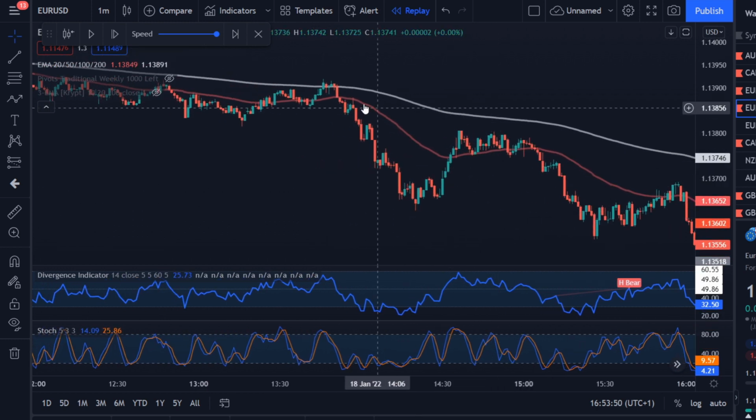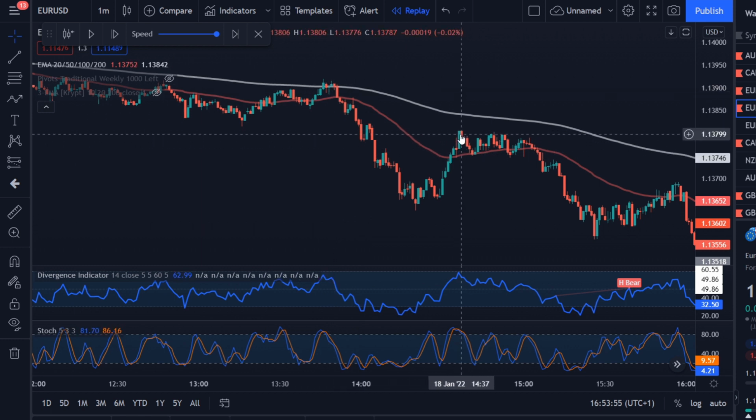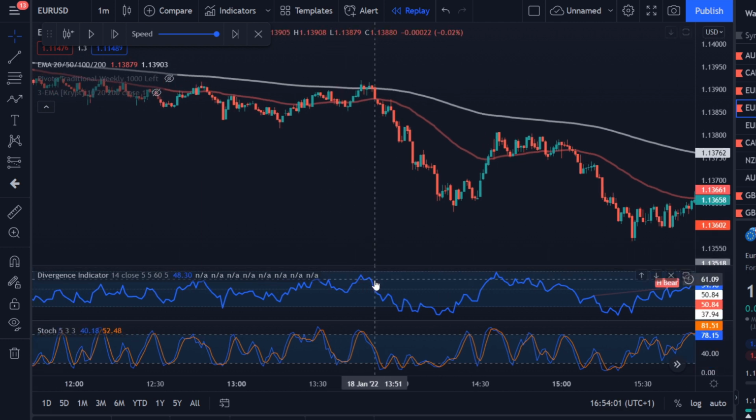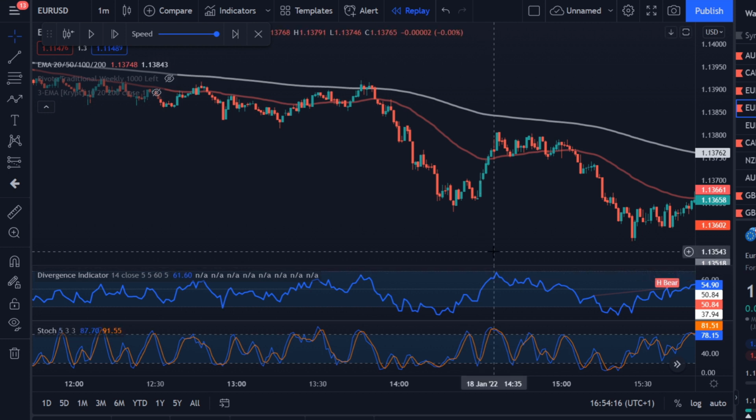So over here we have a high, right? Over here we have another high. When we look at the indicator, we see a high and we also see another high. But this high is higher than this high, and this high is higher than this high. So over here we also have a hidden bearish divergence.